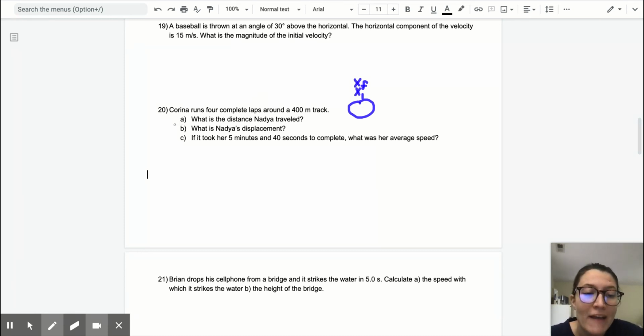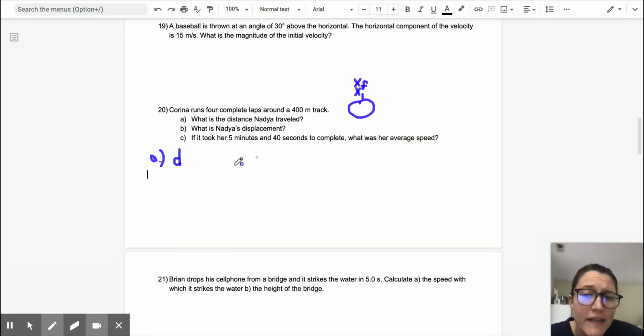In part A, we're asked to find the distance that Nadia traveled. I should have changed that name. Okay, that's okay. So the distance that Karina travels, right? Distance, D, is the total ground covered and includes every step that you take regardless of the direction.